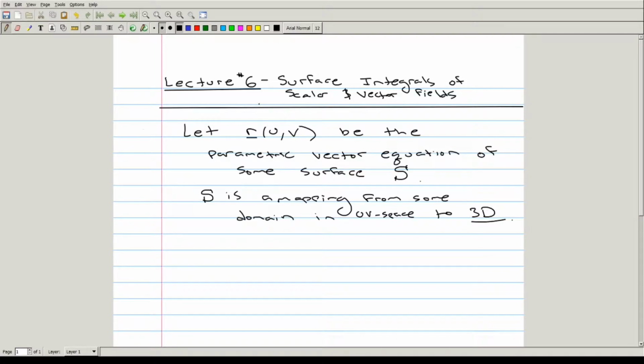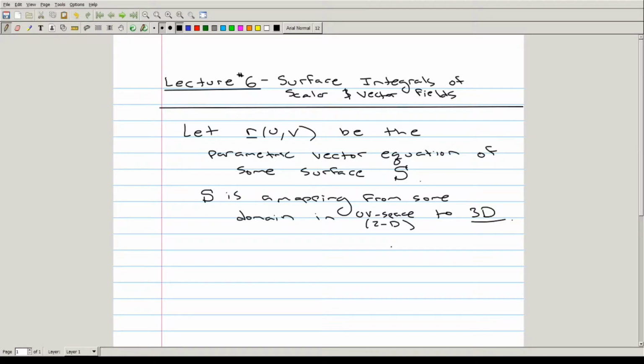So we really can think of R of UV as being a mapping from some space in a two-dimensional parameter space to three-dimensional space. And the idea is that this is always going to define some sort of surface.